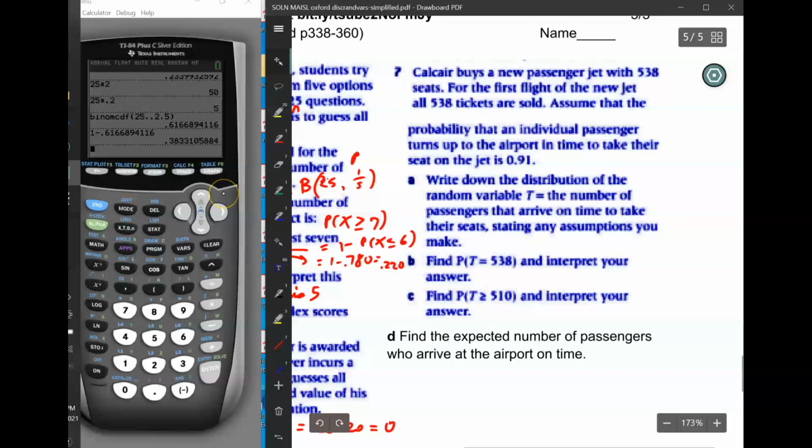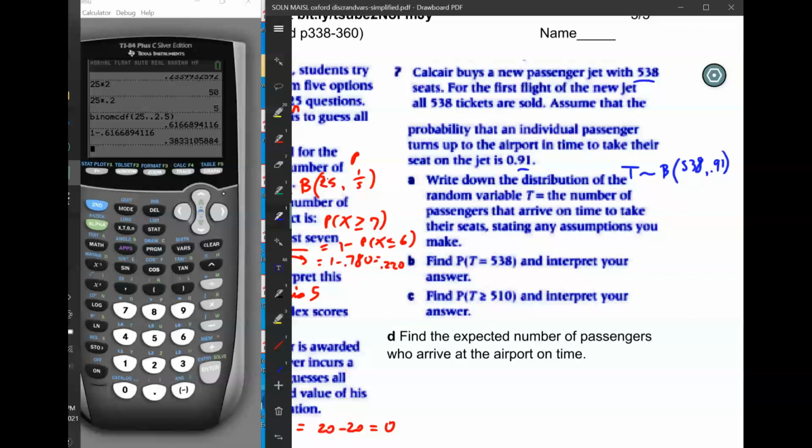Okay, so this is going to be T is a binomial distribution with 538 repetitions and 0.91 as the individual probability of the thing happening or not.